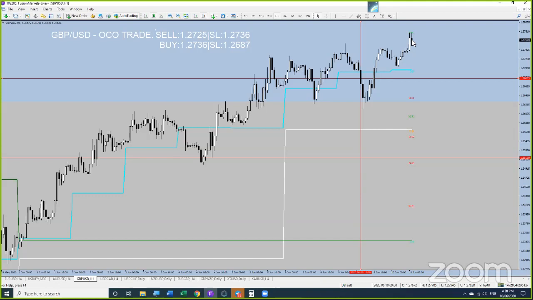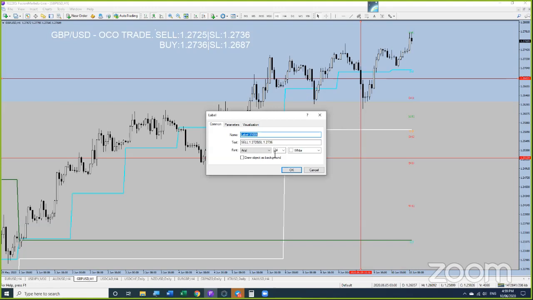The high of this bar is indeed at 127.785. We'll round that up to 127.79, and then we'll add 15 pips. So 127.94 will be the stop loss on the short. 127.94. There we go.